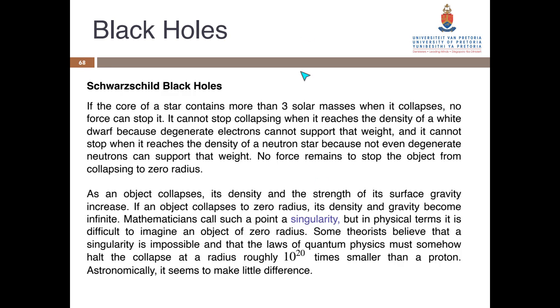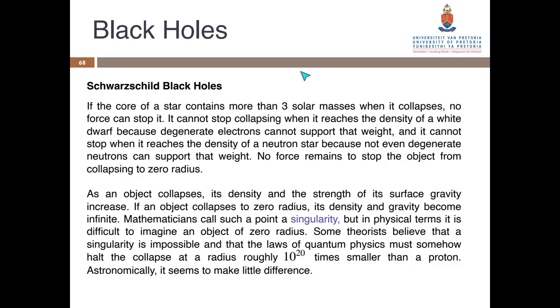So if the core of a star contains more than 3 solar masses when it collapses, no force can stop it. So remember, we learned a neutron star, when the core collapses, the final core just stops before 3 solar masses. But if the collapsed core contains more than 3 solar masses when it collapses, no force can stop it.